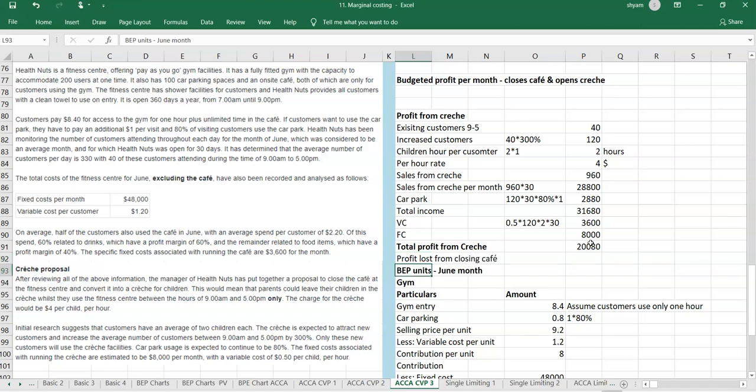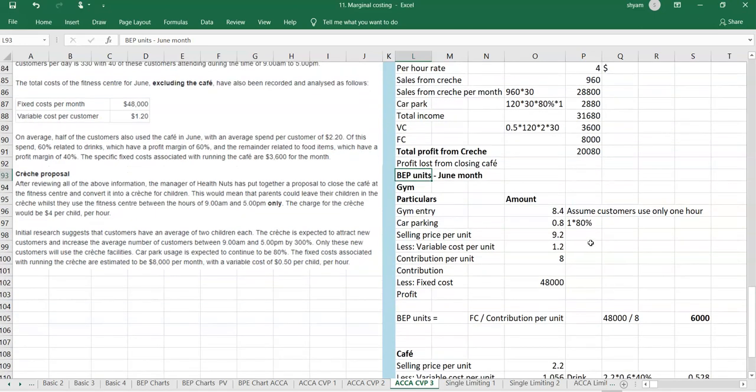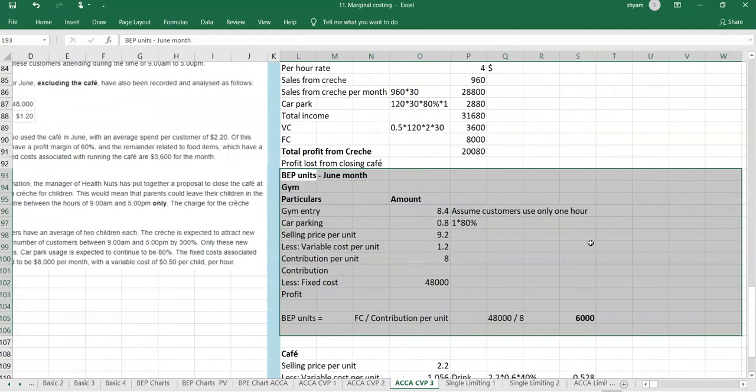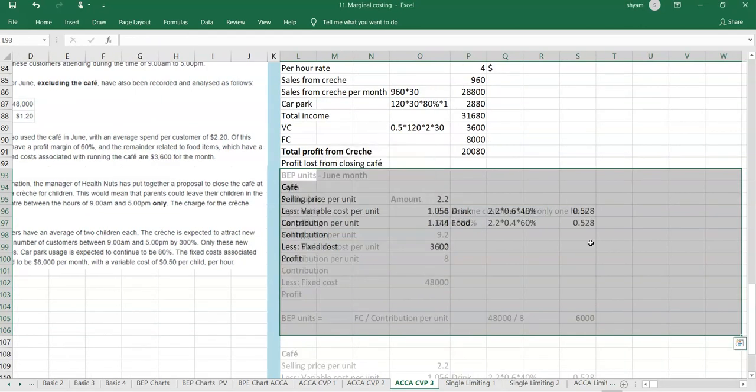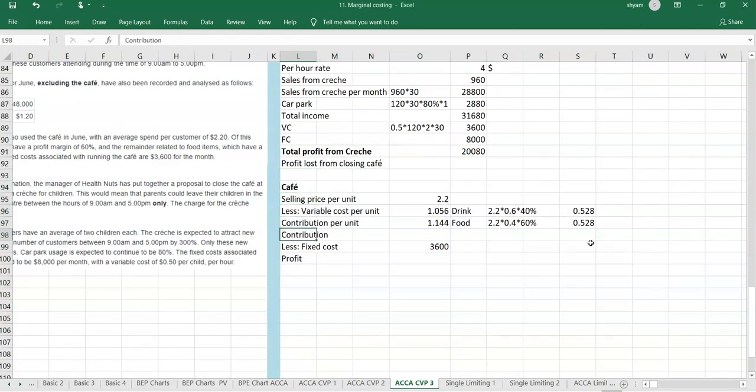And what's the profit lost from closing cafe? So the profit that we are losing from cafe would be, I think we have not got it here.